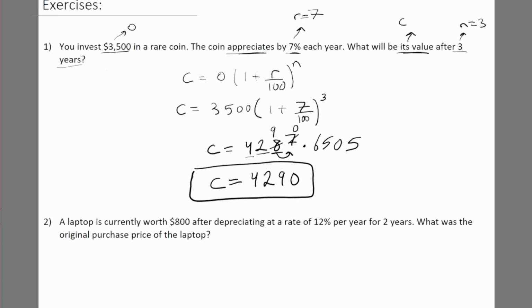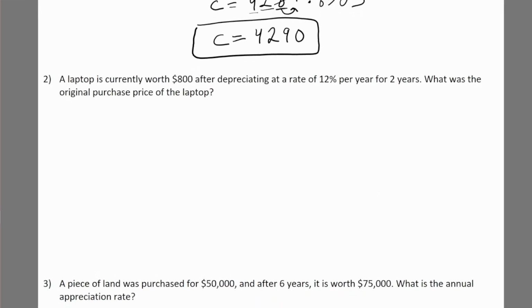So 4,290. Question 2. A laptop is currently worth $800 after depreciating at a rate of 12% per year for 2 years. What was the original price of the laptop? So this is the current price, and the rate of depreciation is R equal to 12, and N is 2 years. So what was the original price?